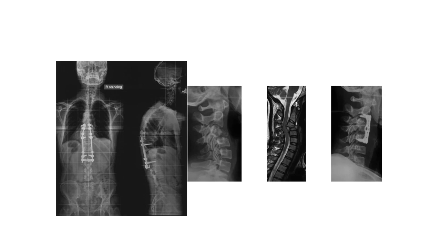ESR will be elevated, and radiographs will show collapse of vertebrae with involved disc. MRI will confirm the diagnosis, and ATT will be started, which will be continued for 12 to 18 months. And if indications of surgery are fulfilled, then you can always go for surgery.